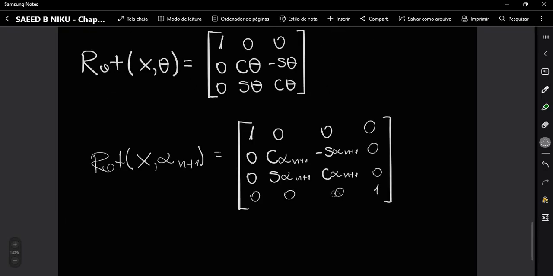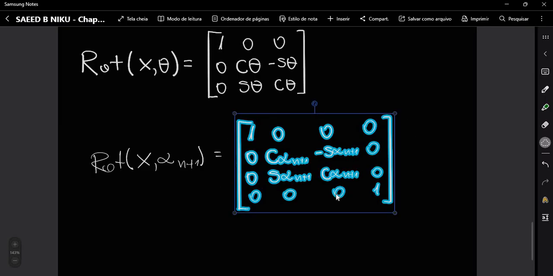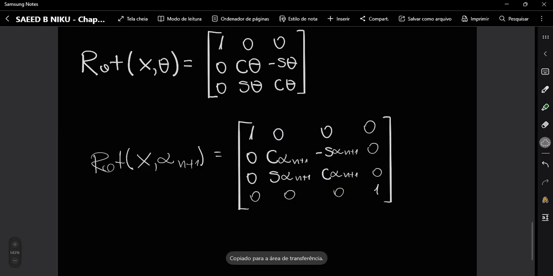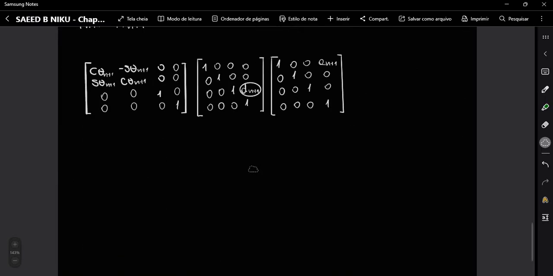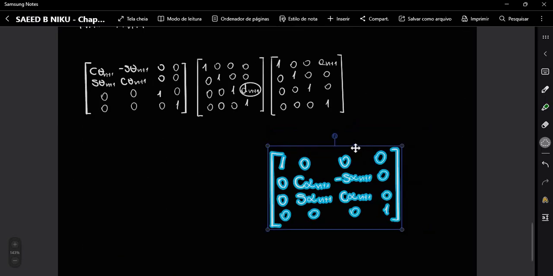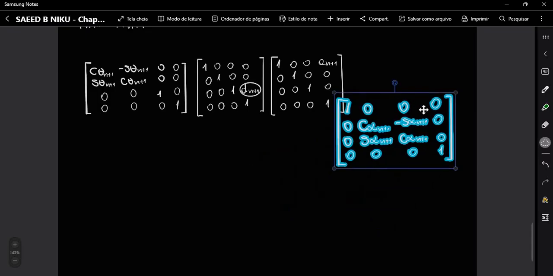Followed by a last one, the fourth rotation, the fourth motion of rotation, a transformation of rotation.